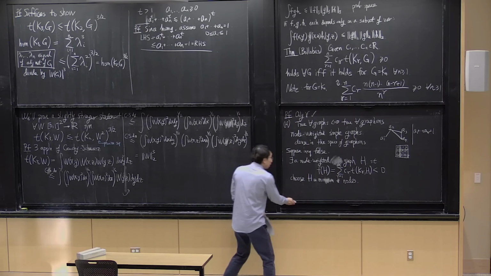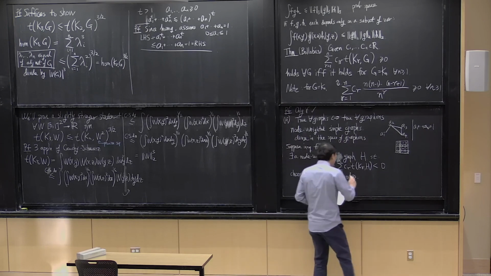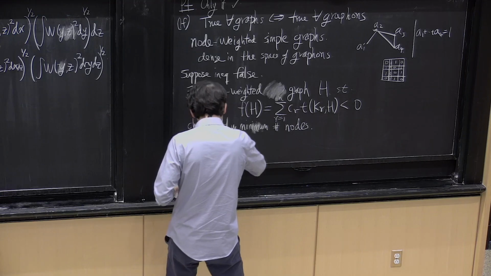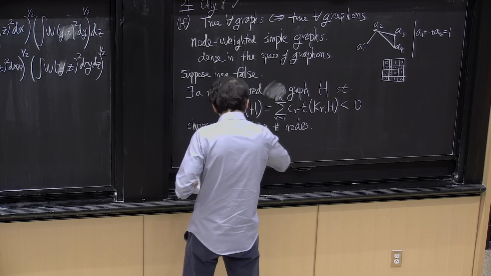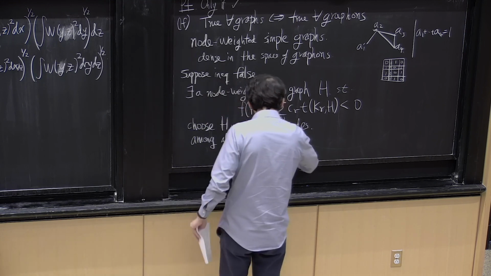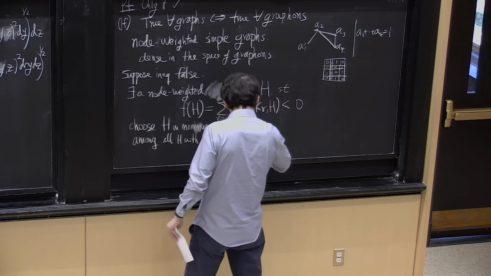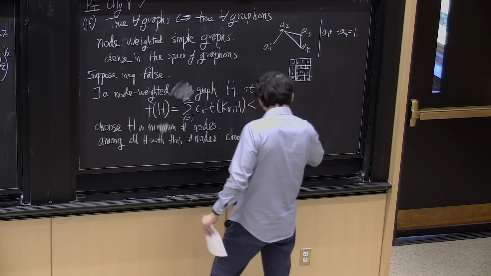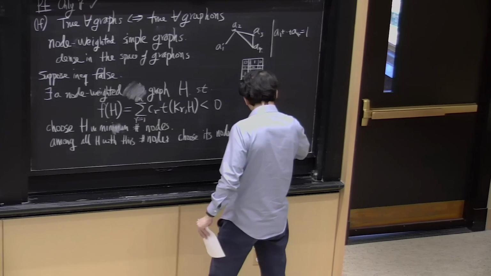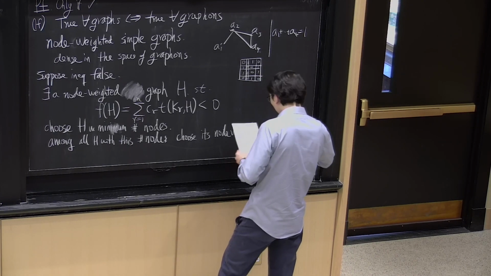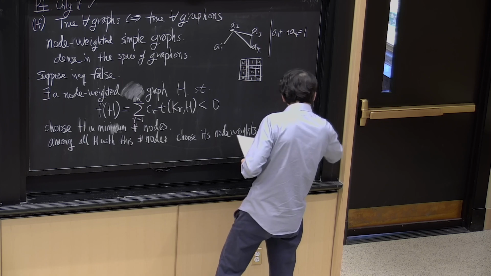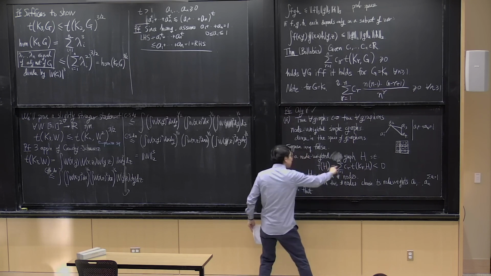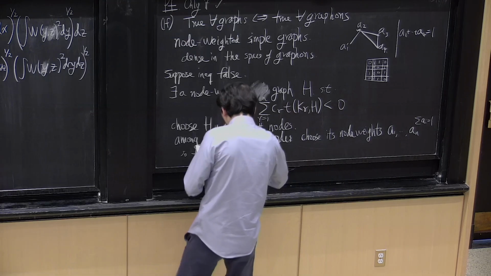Furthermore, among H with this number of nodes, choose the node weights, which we will denote by A1 through AN, summing to 1, so that this expression, the sum, is minimized.